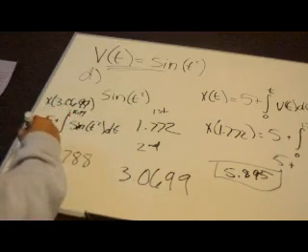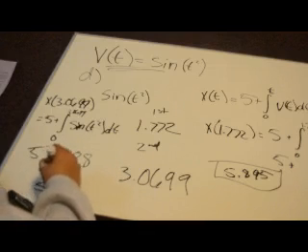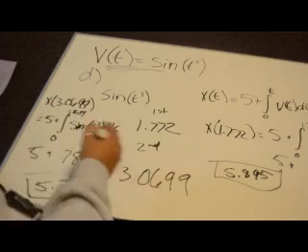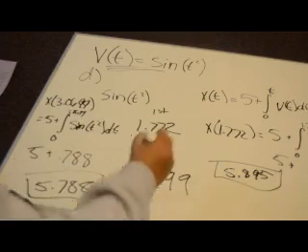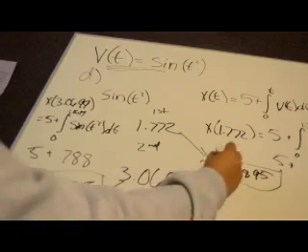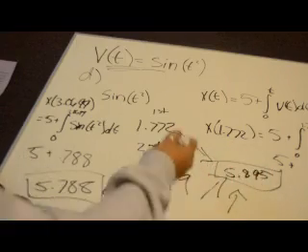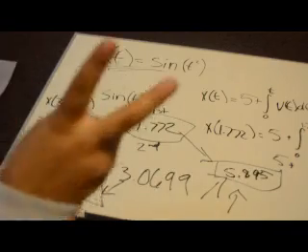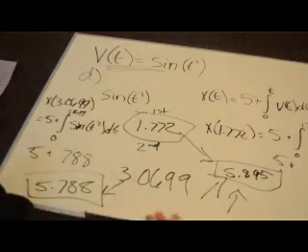Then plus 5, we're going to get 5.788. So that's what you get with this one, and that's what you get with this one. Now, you might not be good at calculus, but you can tell which one's bigger. It's this one. So that means this must be the most max, or the farthest right.